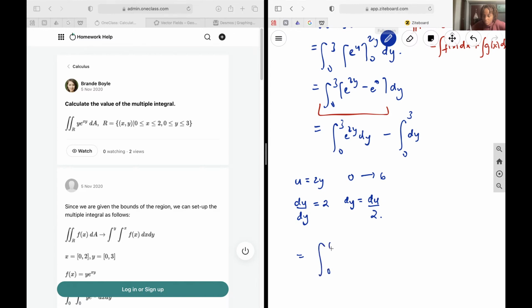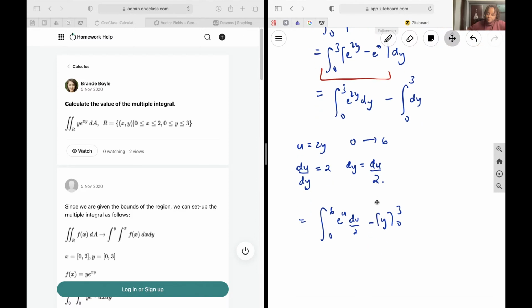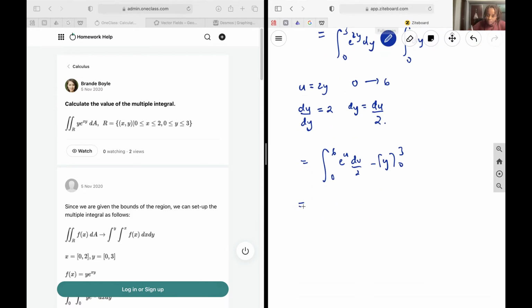So this will be 0 to 6 of e to the u du over 2 minus y from 0 to 3. This is going to give me 1 over 2 multiplied by e to the u from 0 to 6 minus 3 minus 0. And this will give me 1 over 2 times e to the 6 minus e to the 0, minus 3.